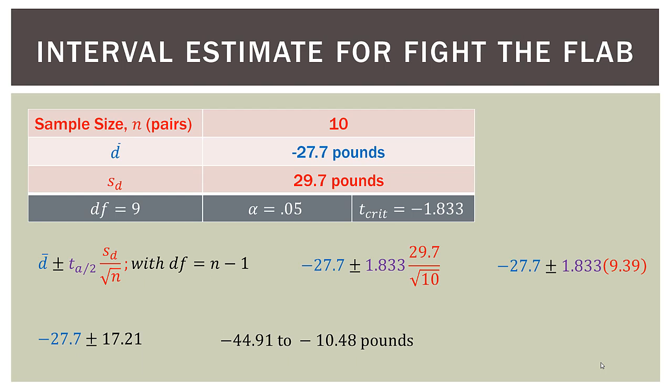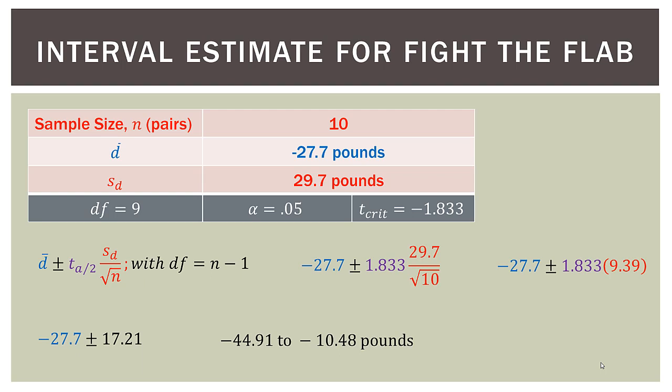We continue. So we end up with an interval estimate of negative 44.91 to negative 10.48, and again, that is in pounds. So our 95% interval estimate for this difference is a loss of 44.91 pounds to 10.48 pounds.